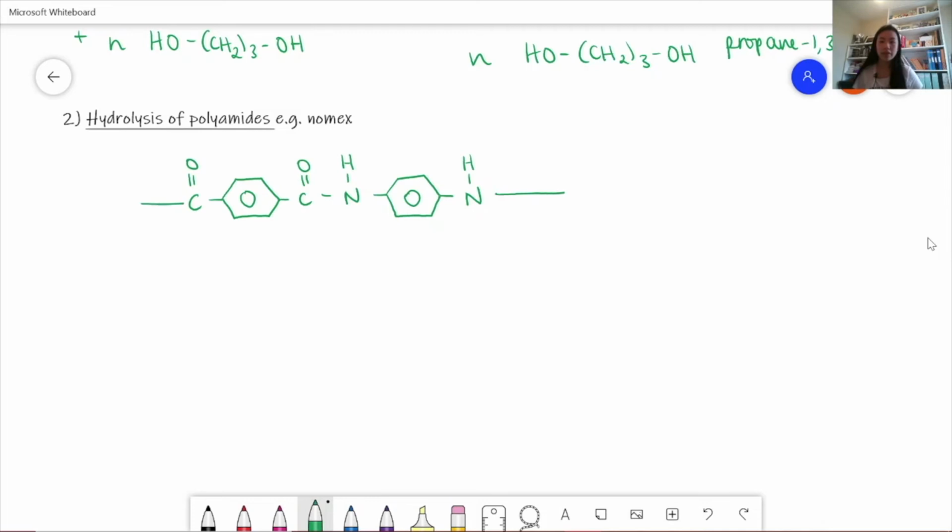So this is our polyamide. And we've actually also learned this as Kevlar. So Nomex is just another name for Kevlar.